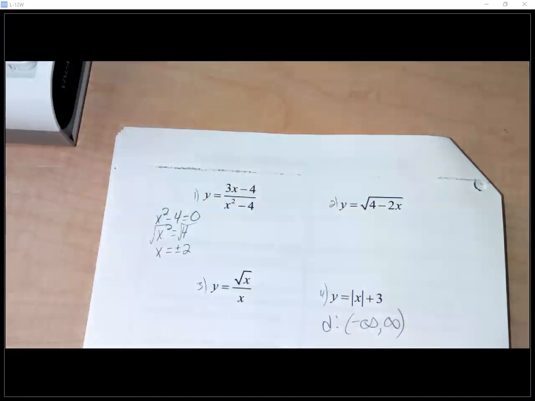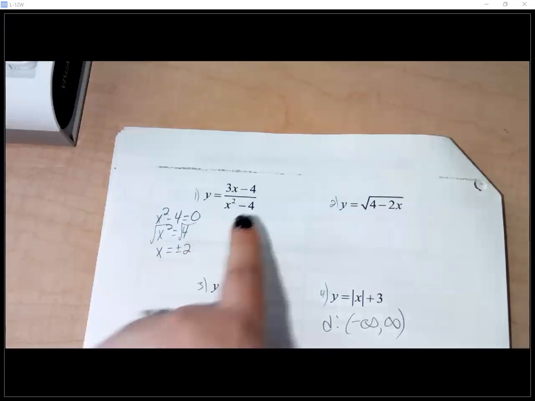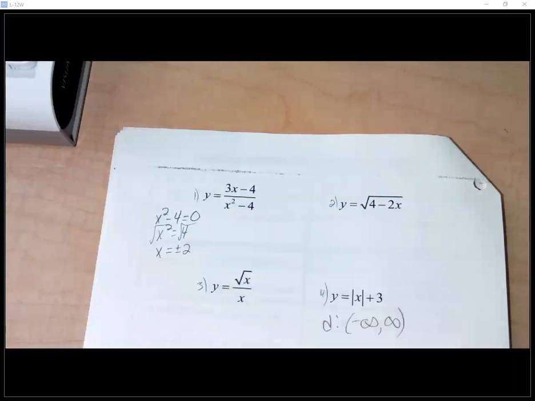So let's remember, according to the notes, once you figure out what x would make you have a 0 in the denominator, which is what this is, if you plug in 2 or -2, doesn't it turn the denominator into a 0? Do you see that? So what this means is that my domain gets to be anything else except that.